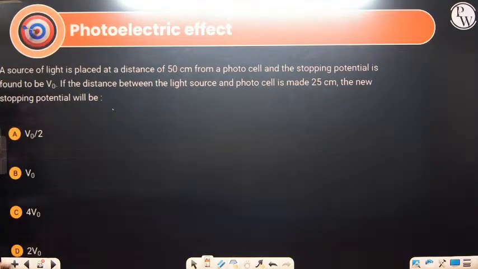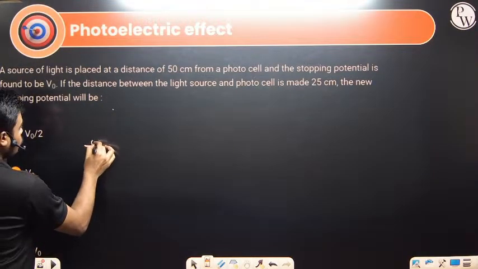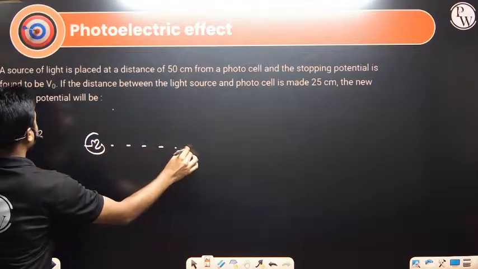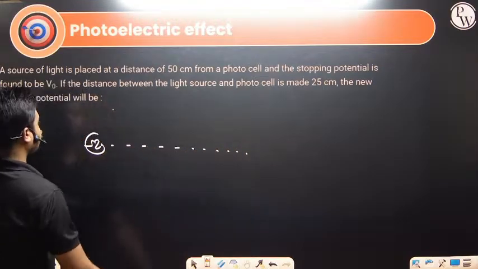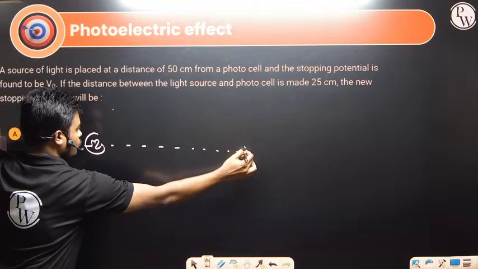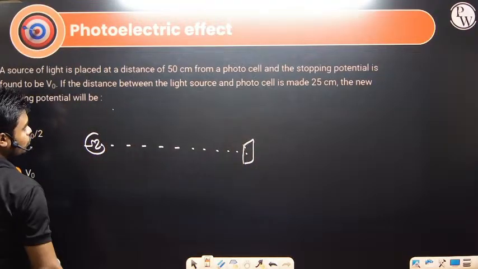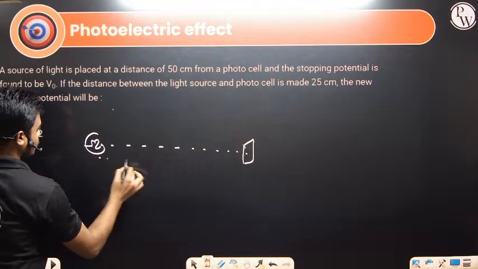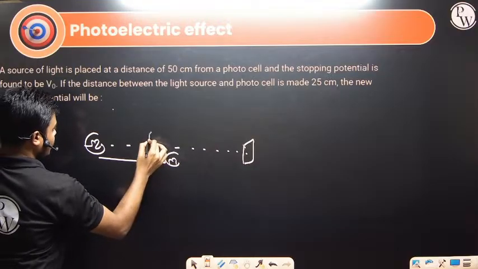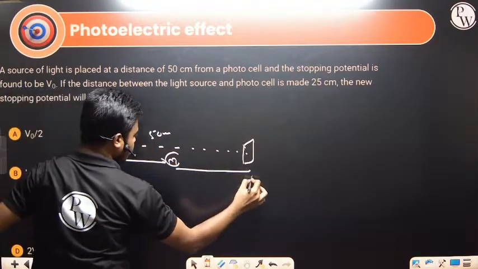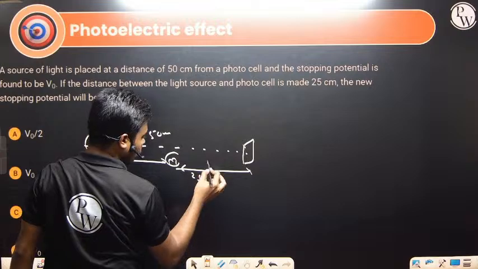A source of light is placed at a distance of 50 cm from the photocell. The stopping potential is V0. This is the photocell we are keeping over here. If the distance between the light source and photocell is made 25 cm, initially 50 cm and finally 25 cm, what will change and what will not change?